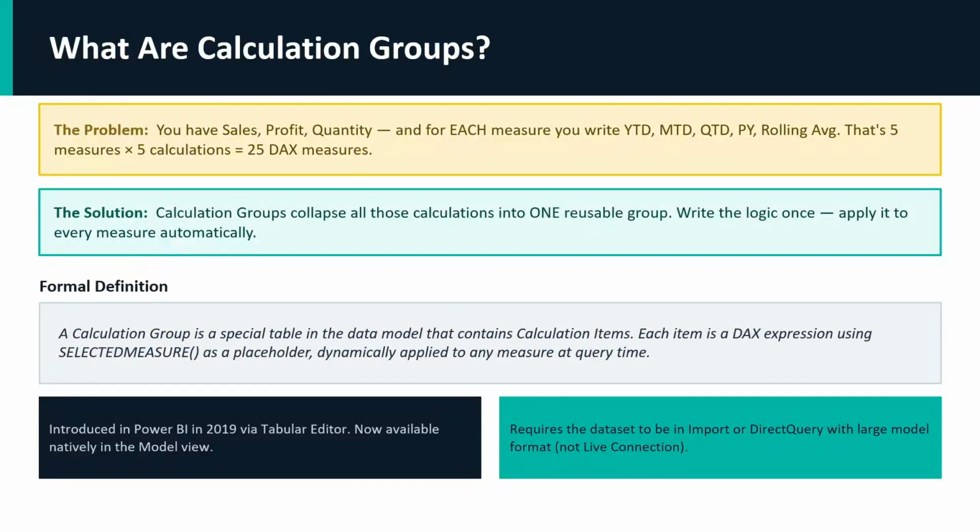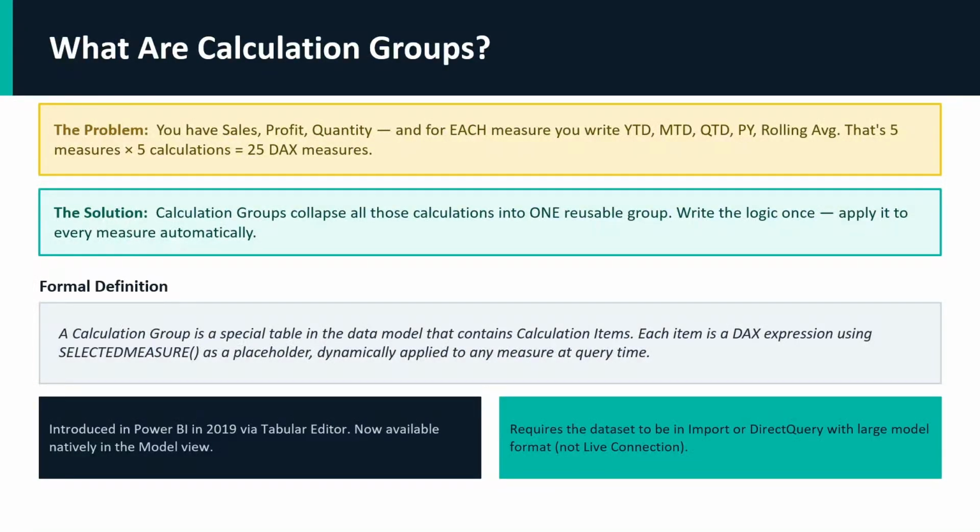Calculation groups fix this completely. Instead of writing the time intelligence logic 25 times, we write it only once in a calculation group, and it automatically applies dynamically across every measure at every query time. So you need to think of a calculation group as a special table in your model, because yes, it is going to come to you as a what?